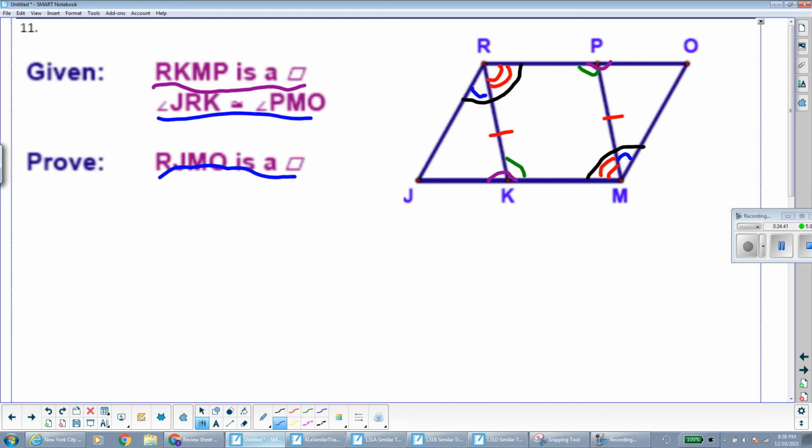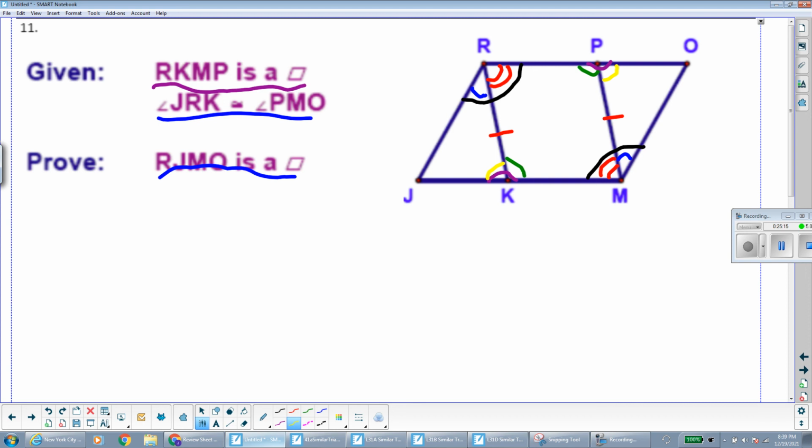Since this angle, RKJ inside the triangle, is supplementary to this green one, and since angle OPM in yellow over here, the angle inside the triangle, is supplementary to this green one, we can say that the two yellow angles are congruent to each other. Once again, the two yellow angles are both supplementary to the congruent green angles, so that means they are congruent to each other.